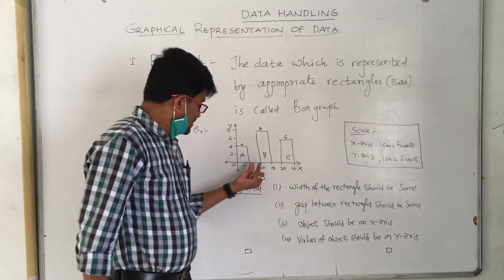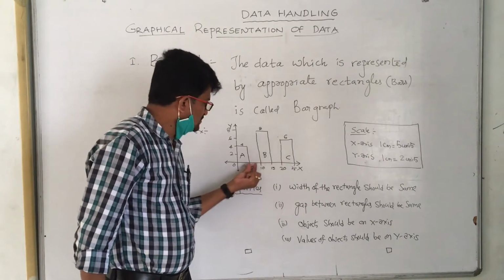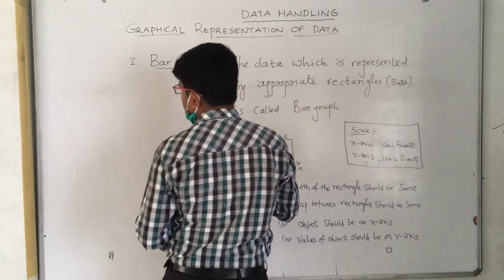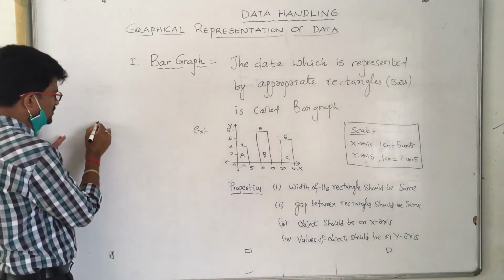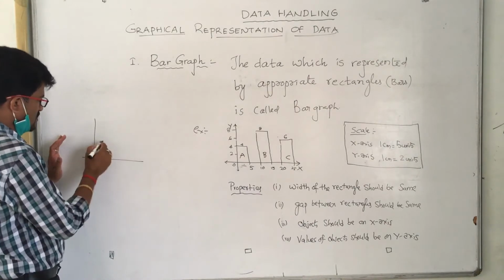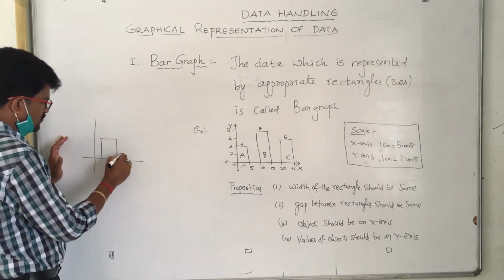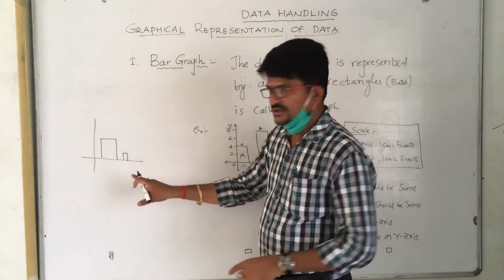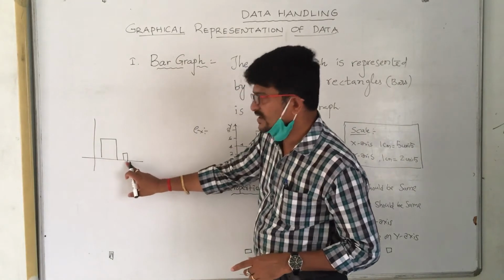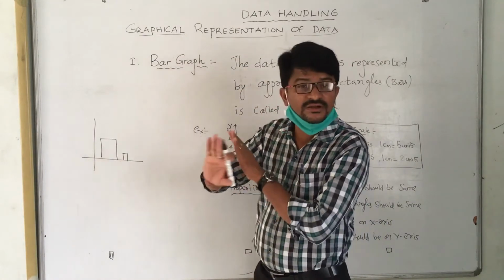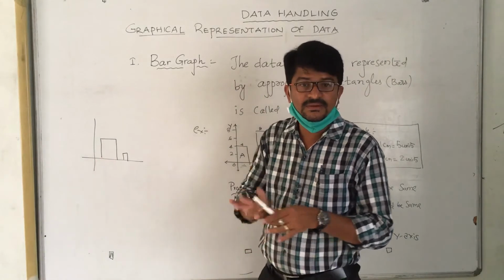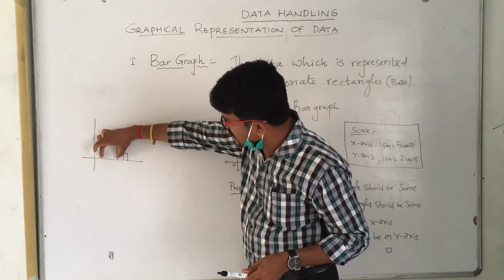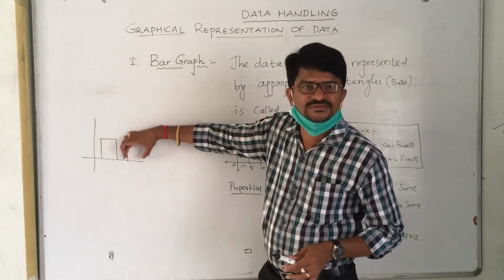See, these are gaps. This gap must be the same. For example, I'll write a rough sketch. Look here. For example, in a bar graph, one rectangle like this, one rectangle like this, it should not be. Is it clear, children? See the rectangle here. Here how much width is and what is the width of this rectangle? The bar graph should never be like this. The width of the rectangle, this is the width. For the second rectangle also the width must be the same.